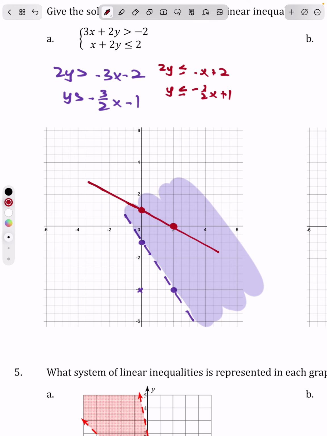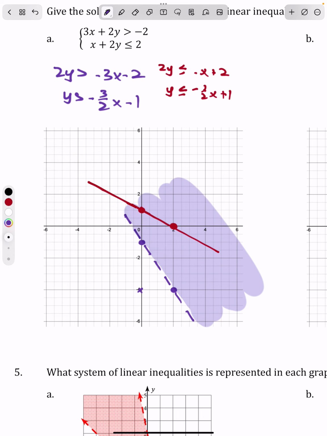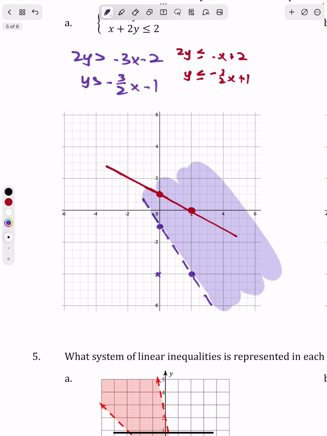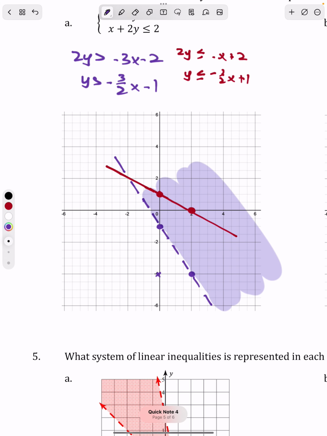Go back to my purple. Sorry, I got to extend. All right, so let me do that purple again. Here's my purple, and I'll do my red.